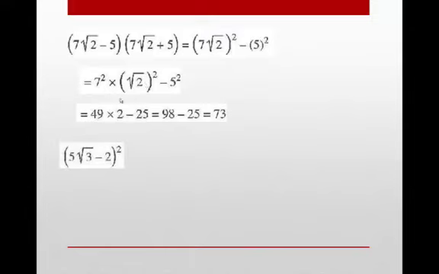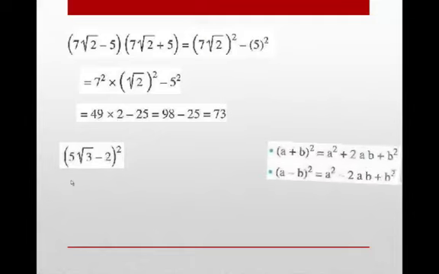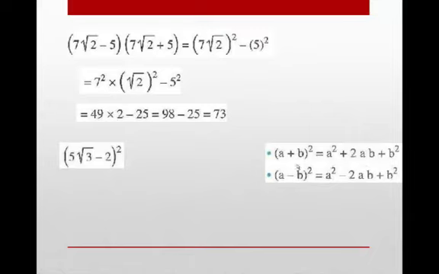Number 4: bracket 5 root 3 minus 2, power 2. We call 5 root 3 the first and 2 the second. When we solve this, the first power 2, we use these rules: a plus b power 2 equals the first power 2 plus 2 multiply first multiply second, plus the second power 2.